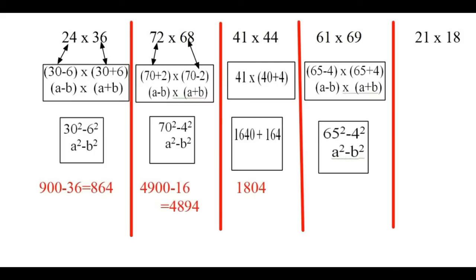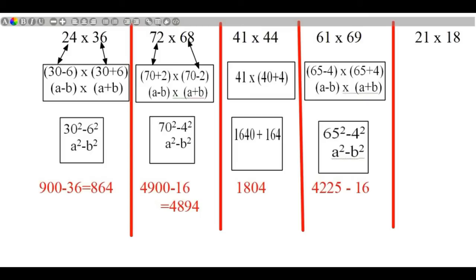Finding squares of numbers ending with 5 is a very simple task, and we shall discuss that later. So 4225 minus 16, that is 4², is 4209. That's the answer for question number 4.